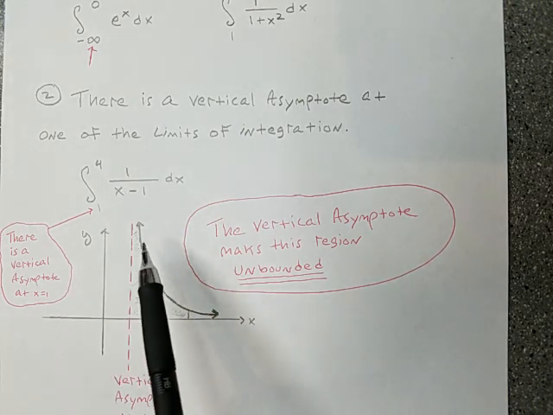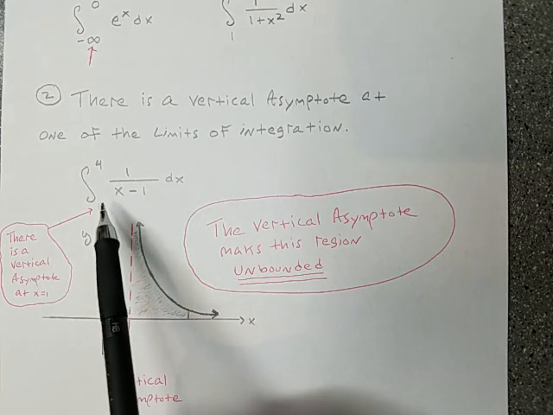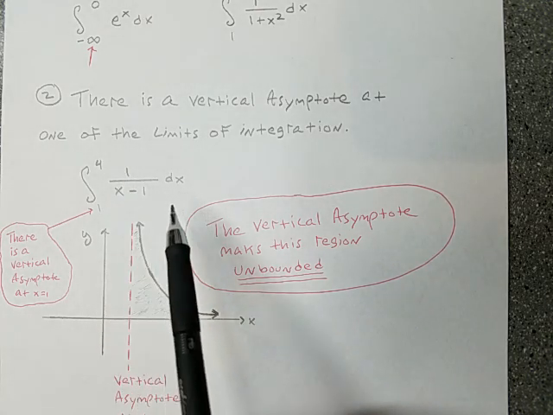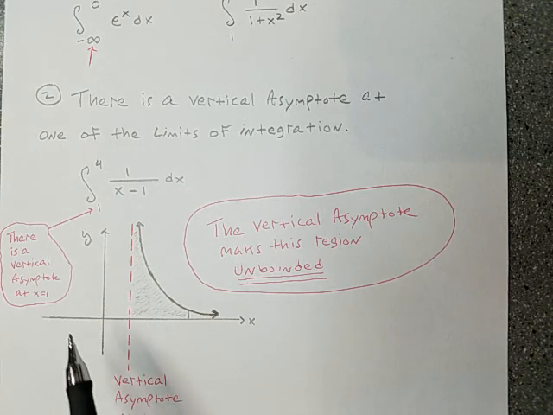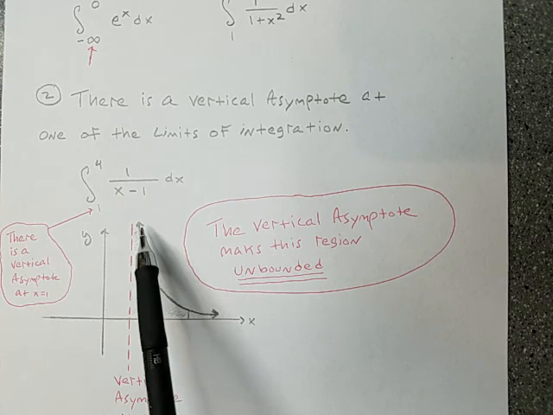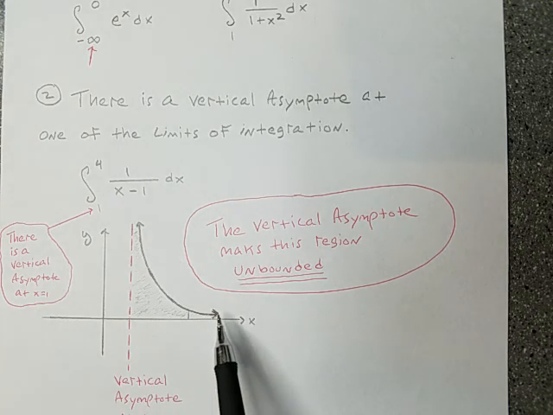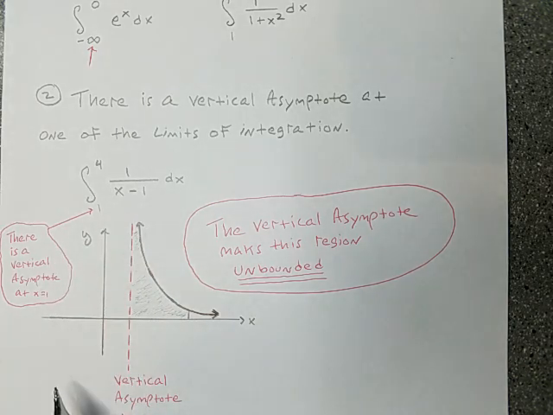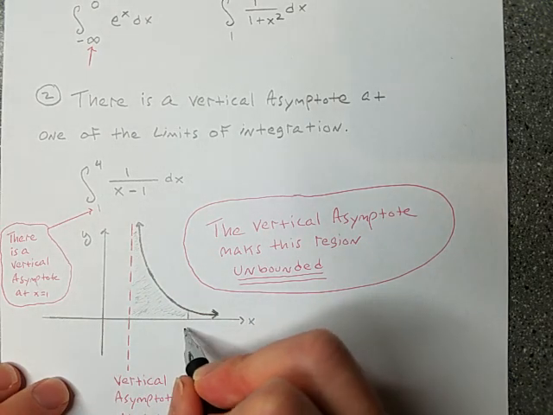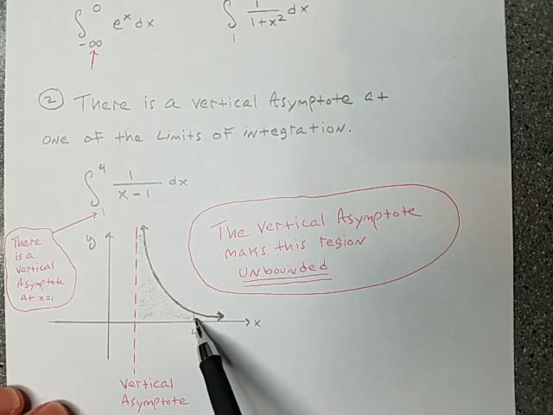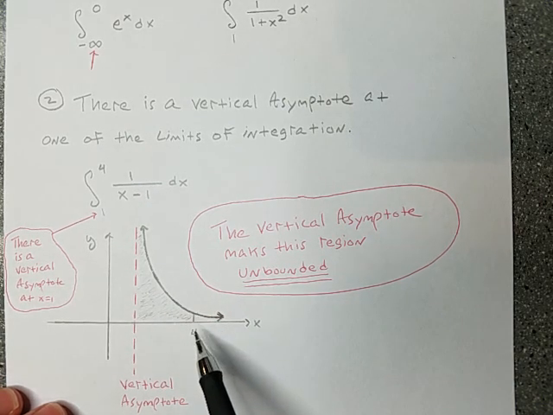So I'll give you this example. You have the integral from 1 to 4, 1 over x minus 1 dx. On this graph, 1 over x minus 1 looks like this. There's more of it over here, but the integral was 1 to 4, so it looks like this. And there's nothing wrong with the 4, because there's the 4 right there. You'll get this point.